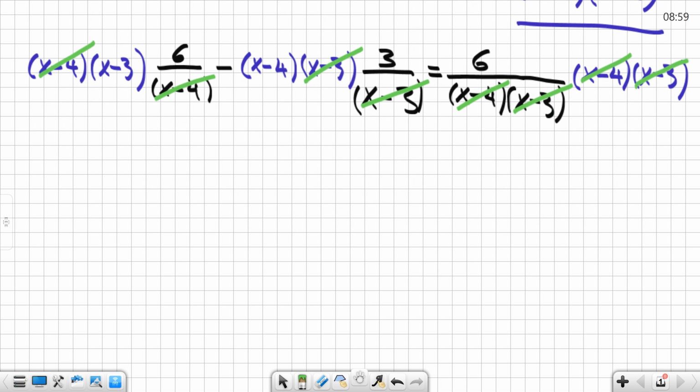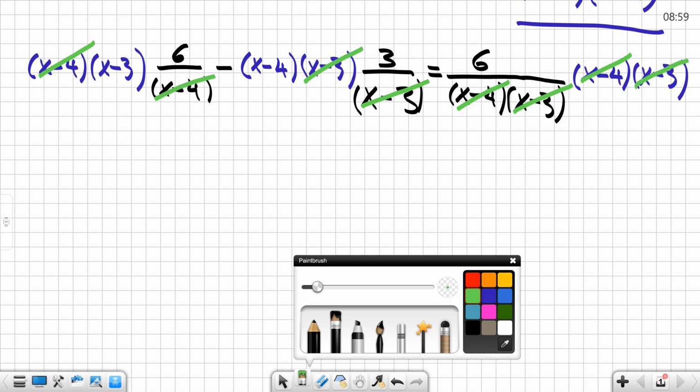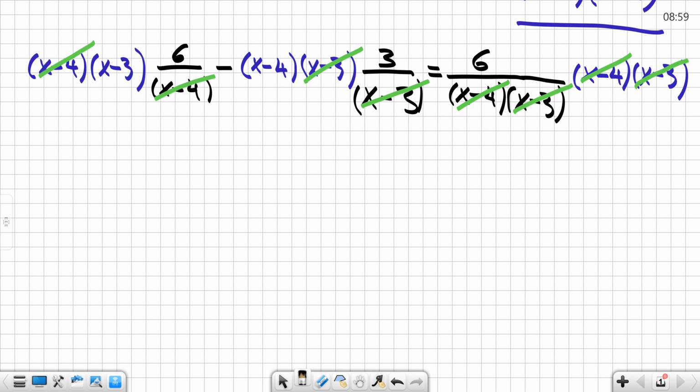So if I now collect what I am left with, then I will get x minus 3 times 6 minus 3 times x minus 4 is supposed to be equal to 6.